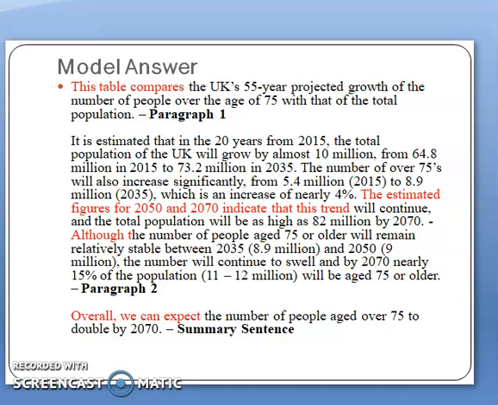If you look at this model answer, it is very clear that whatever steps I have spoken to you, I have implemented. In the first paragraph, it is stated about the introduction. In the second paragraph, it is stated about the body of the complete table. In the last paragraph, it is giving you the summary about the overall picture of the table.